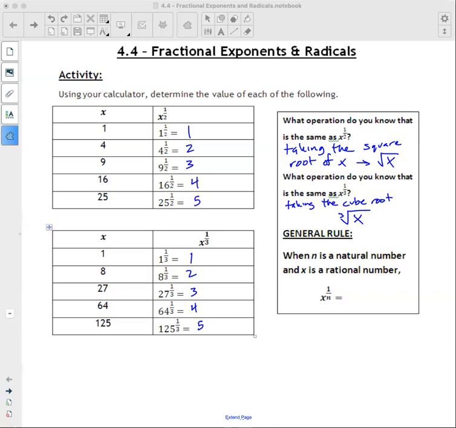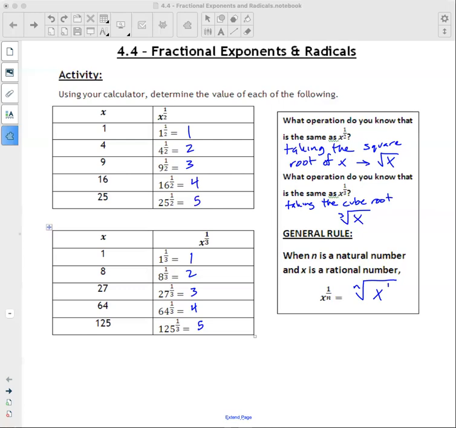Okay, so from that, we can derive a general rule. When n is a natural number and x is a rational number, the denominator of the fractional exponent is the index of the radical. So the denominator is n, so n is the index. And the numerator of the fractional exponent is the exponent that goes on the radicand.